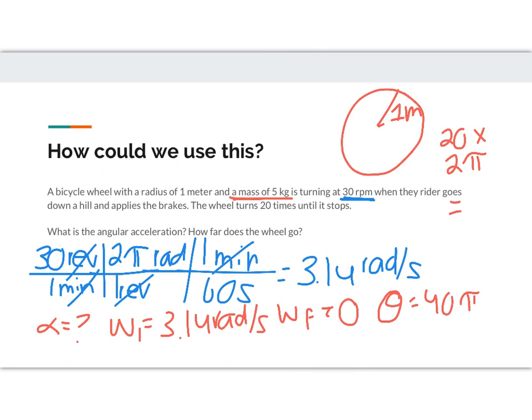So if we go back to our equations, we're going to be able to use omega f equals omega i plus 2 alpha theta. So once again, let's talk about what this means. This is my final angular velocity equals my initial angular velocity plus 2 times my acceleration and then my distance. Okay, so let's plug some things in here.